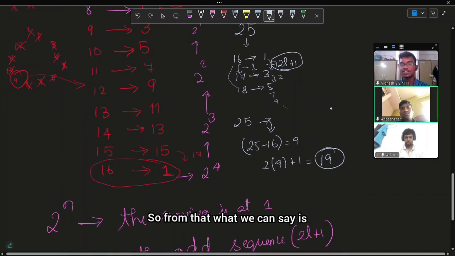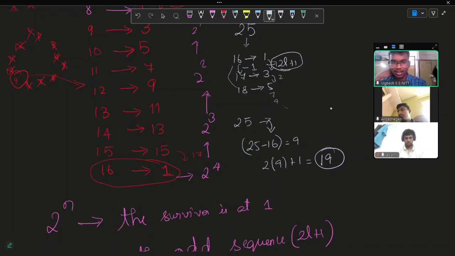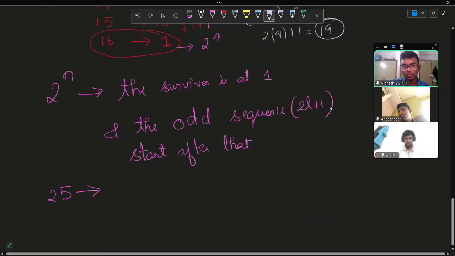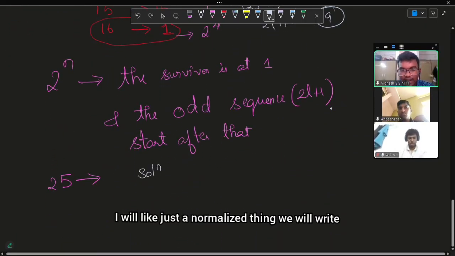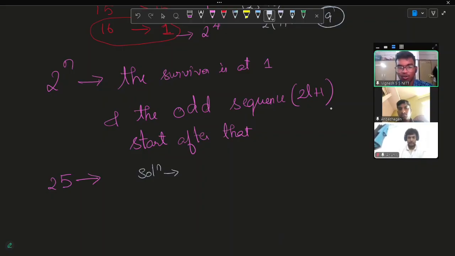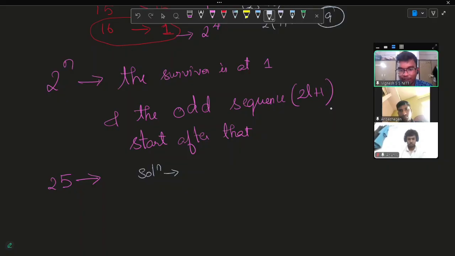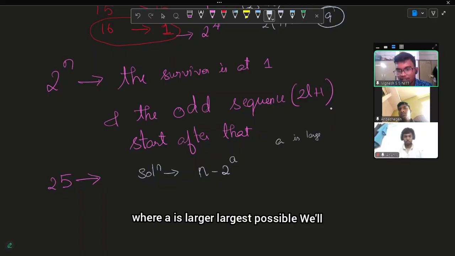So from that, we can say an equation for finding the answer. The solution is, for n number if you have been given, you have to take the n and subtract from it the 2 power a, where a is the largest possible.